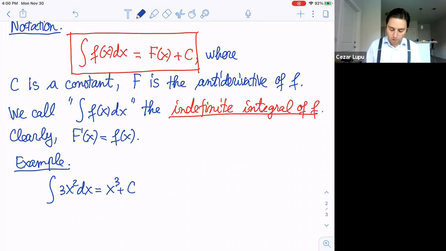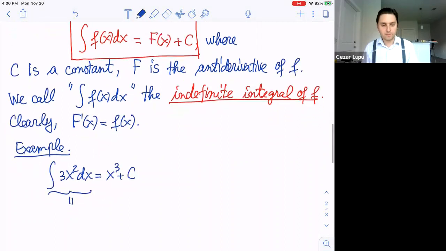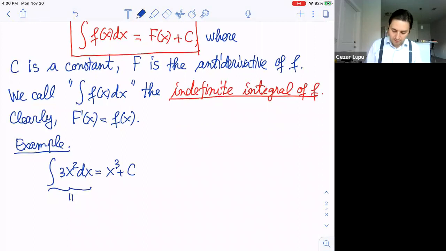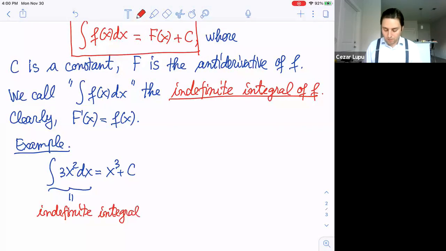So this we'll call the indefinite integral of 3x squared. So that's what you need to know.